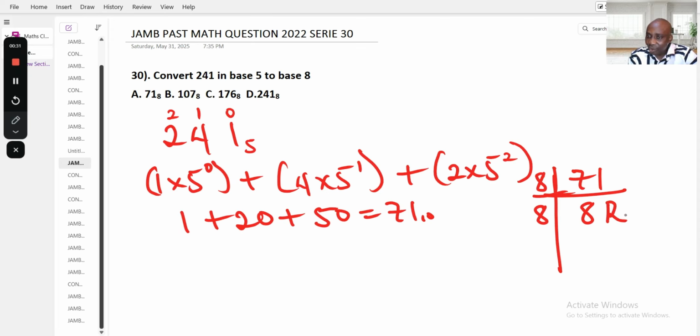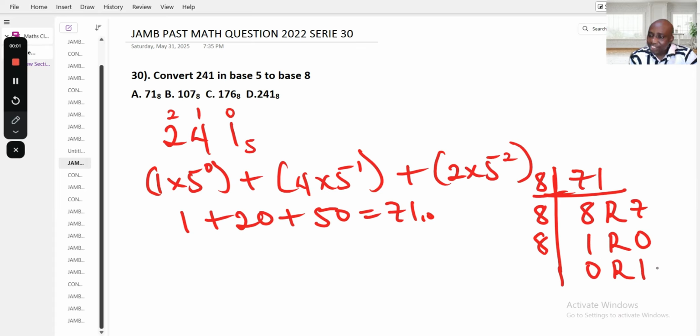And its product is 64. Now 71 minus 64 is going to give us 7. Remainder 7. How many 8s can we see in 8? 1. Remainder is 0. You will use 8 again because you will be using 8 throughout. How many 8s can we see in 1? Impossible. Therefore, 0, remainder 1.